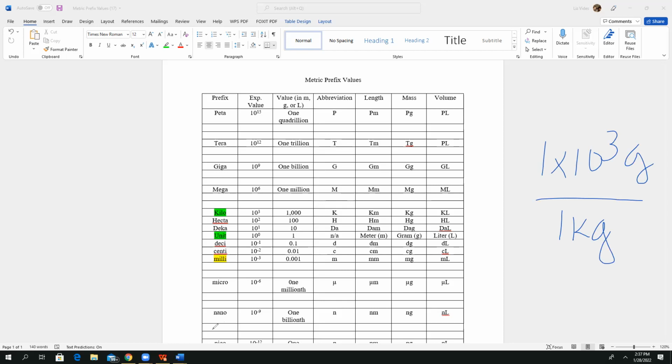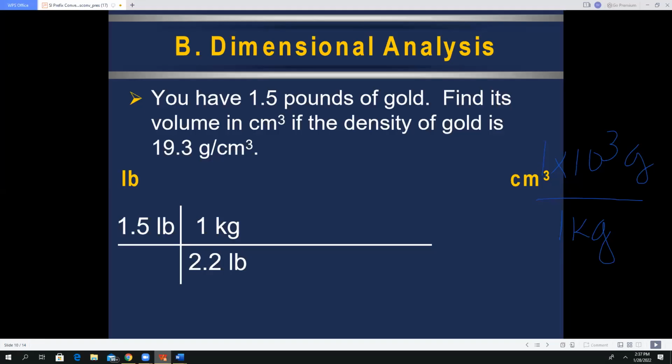Now, let's go back to our original PowerPoint. And here we go. Okay, this time I wrote it correctly because the kilograms is on top. So we could just use this, or we already know that 10 to the third is 1,000. So we can just do that next. Right?